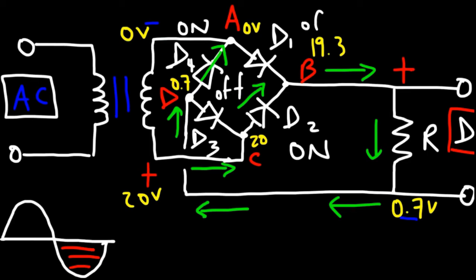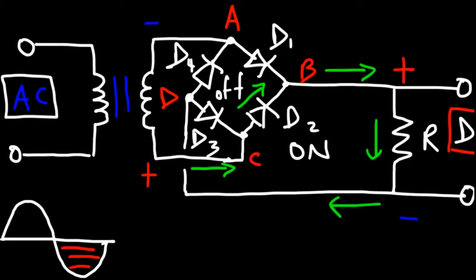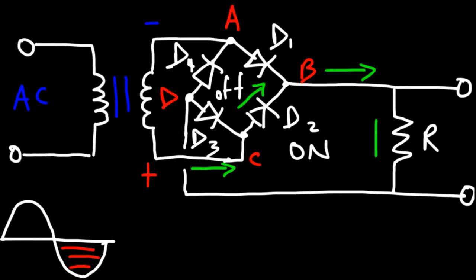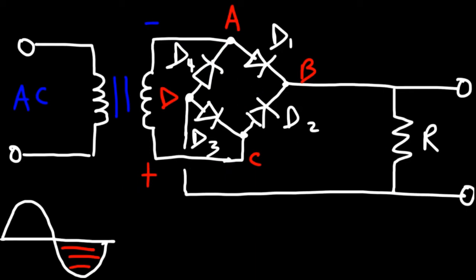Now what type of wave will we get at the output of this circuit? How will it look like? So at the output, we're going to get a pulsating DC signal that looks like this.